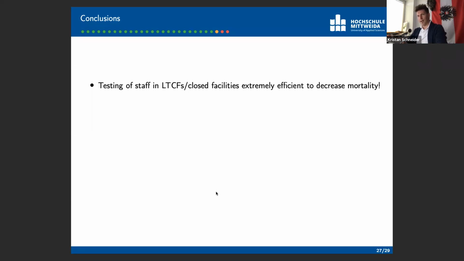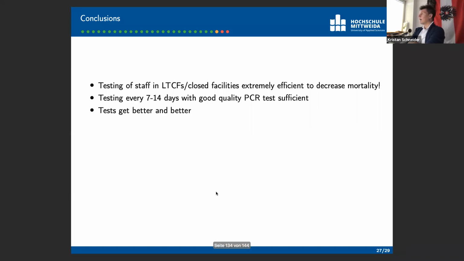But remember, every second death occurred inside these facilities. So if you reduce 90% of these 50%, that is a substantial reduction in the overall population. And then testing every 7 to 14 days with a good quality PCR test is sufficient. You don't need to be better than that.